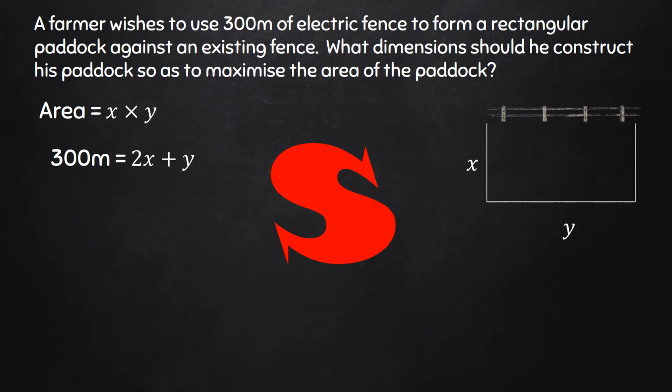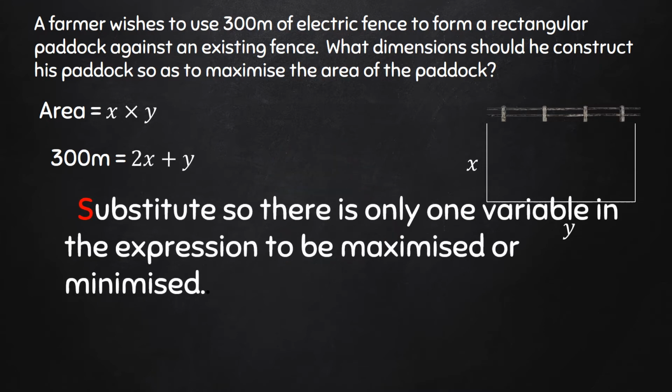So our S stands for substituting, so there's only one variable in the expression to be maximised or minimised. Now remember that we want to maximise the area, so we're going to replace either an x or y back in the area equation.